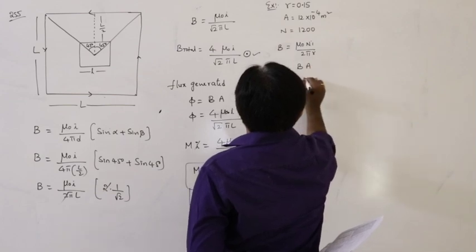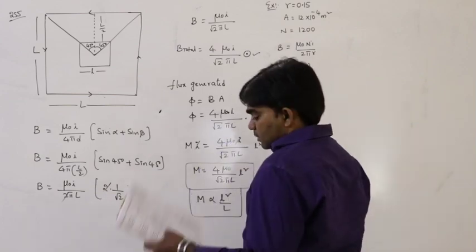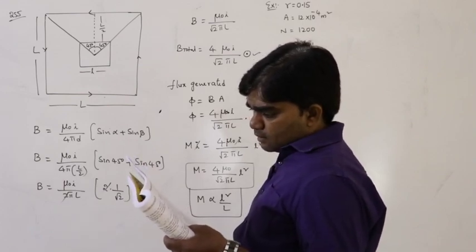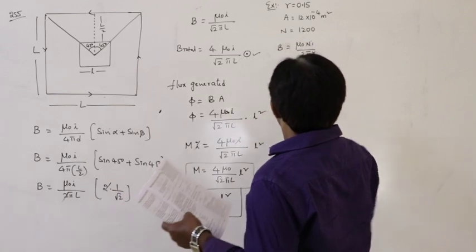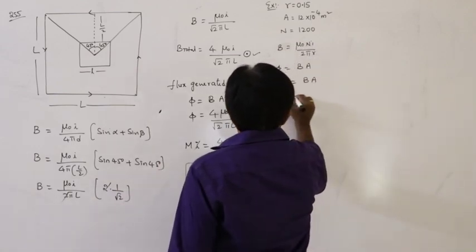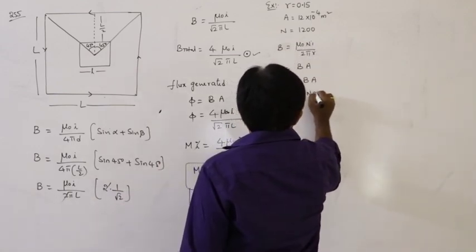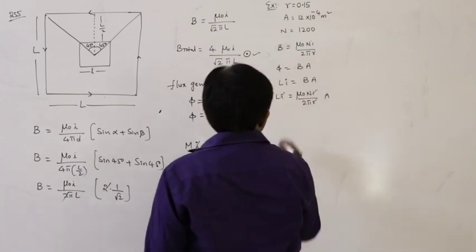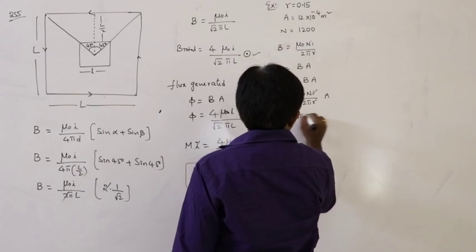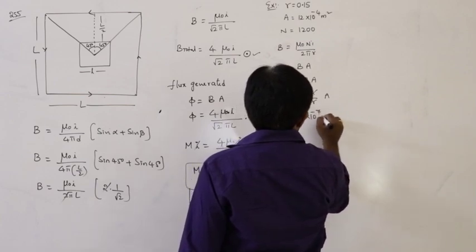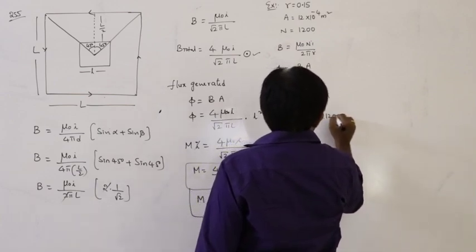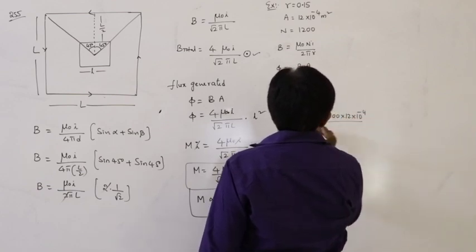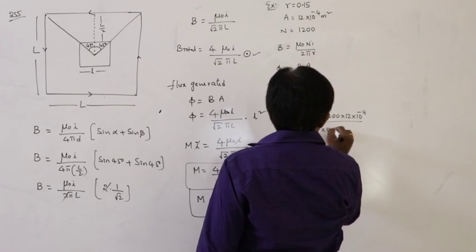Flux can be written as L i is equal to B A, but the current is not mentioned now. So L i is equal to mu naught N i by 2 pi r into A, I cancels. So L is equal to mu naught, which is 4 pi into 10 to the power of minus 7, number of turns 1200, area 12 into 10 to the power of minus 4, divided by 2 pi, r is 0.15.